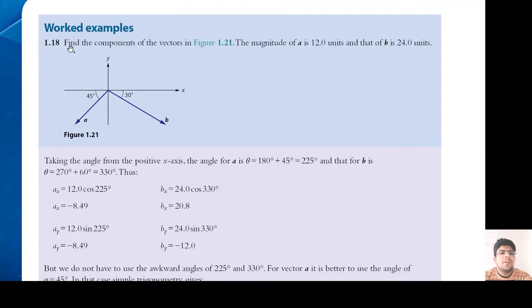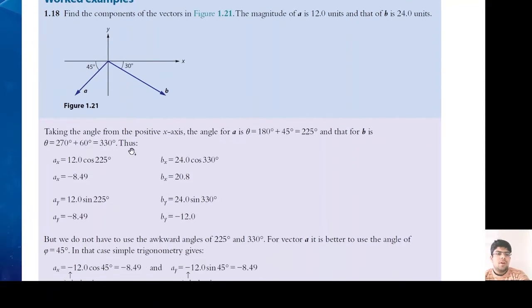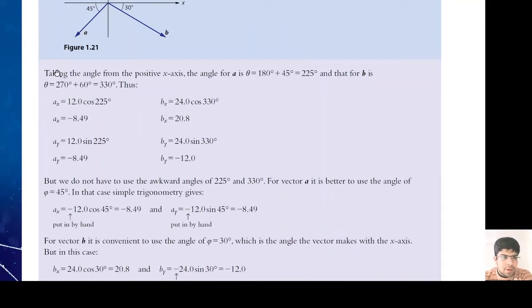We have worked example 1.18: find the components of the vectors in figure 1.12. The magnitude of A is 12 units and that of B is 24 units. Here A is 12 units and B is 24 units, and we have angles of 45 degrees and 30 degrees. This is a y component and this is x. Taking the angle from the positive x-axis, the angle for A is theta equals 180 degrees plus 45 degrees, which is 225 degrees.